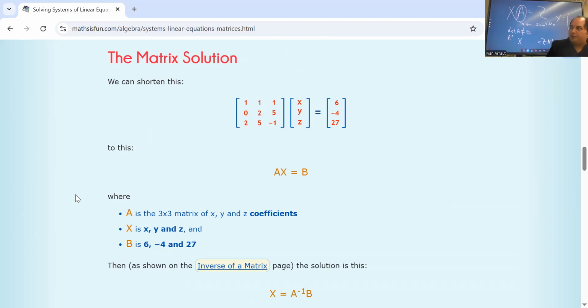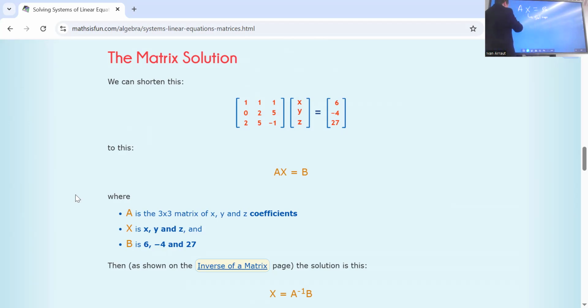If I want to solve for x, I multiply from the left by the inverse of A, obtaining the identity here. I have this equation and I want to solve it.